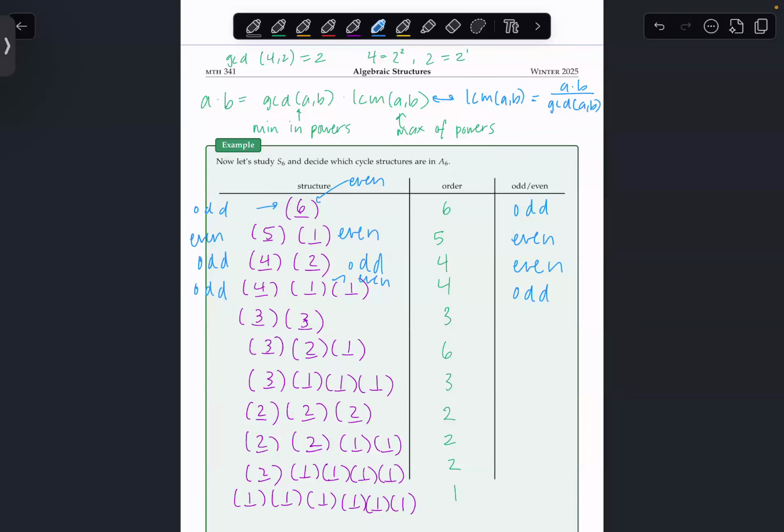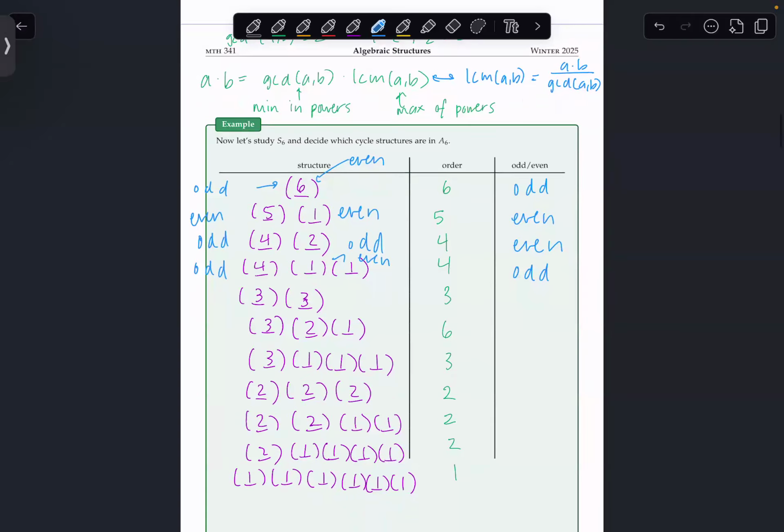Okay, so I'm not going to check these individually. You guys tell me, what about for my 3, 3? Okay, odd. 3, 2, 1. Okay, let's check. I'll get even, odd, even. This does give me back odd. Okay, my 3, 1, 1, 1.